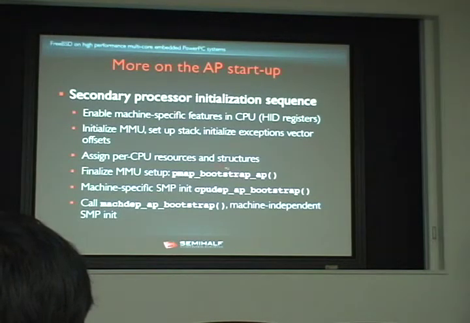We would initialize the MMU early, set up the stack, initialize the exception vectors, assign some per-CPU resources, and then finalize the steps. Then when we're ready, we'll go into the normal mode of operation. We would let the AP just accept work.